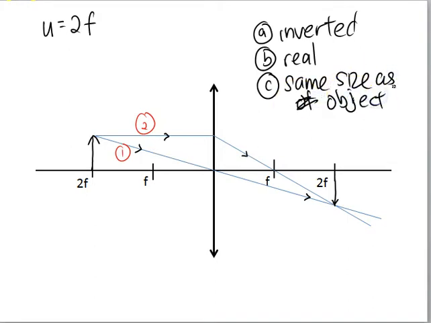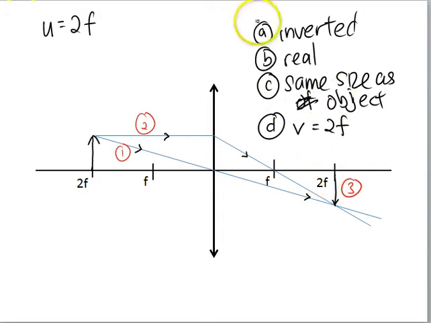And last one, where is the image formed? So V is equals to 2F. So you can see here, I've described the characteristics of this image over here. 1, 2. And then lastly, draw the image. So step 3. And from there, I describe based on what I see.